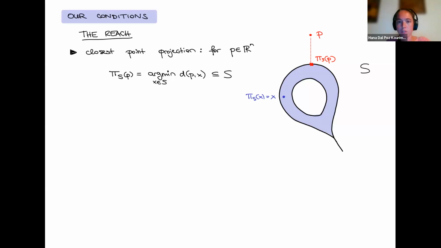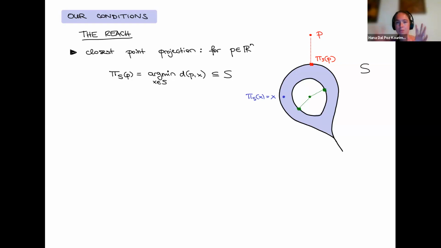If your point lies on the set, then of course the image of the map is the point itself. But then there is a special set of points in our ambient space where there is no unique point that is closest to this point.